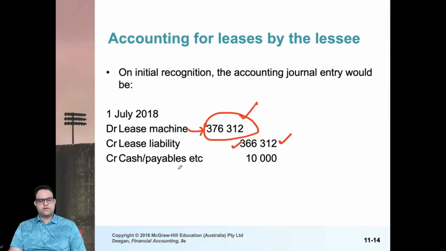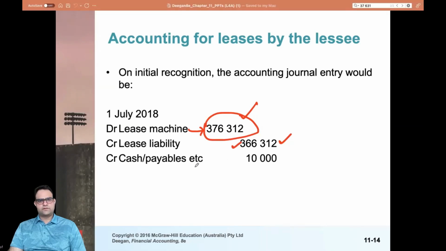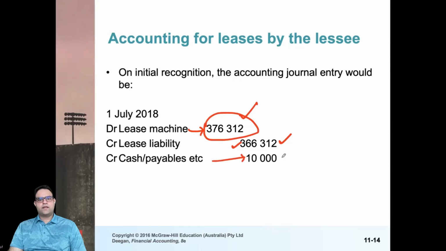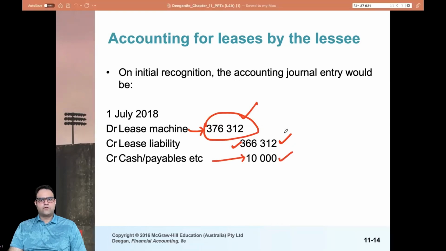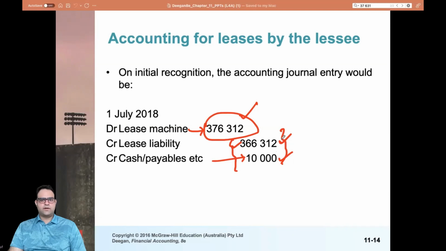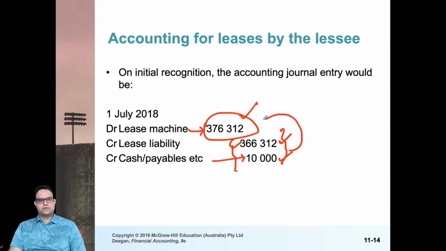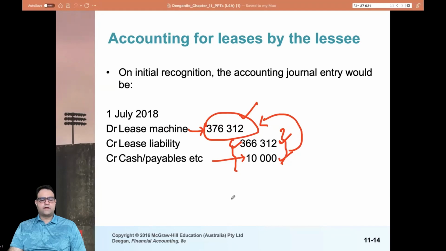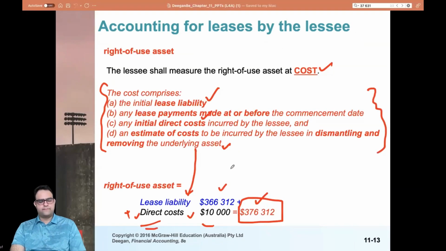That's the present value of all the future cash outflows. And then we pay another 10,000 for the direct costs. So in order to recognize an asset, it will include the lease liability amount plus the direct cost. That will be the cost of the asset, or what we call the cost of the right of use.